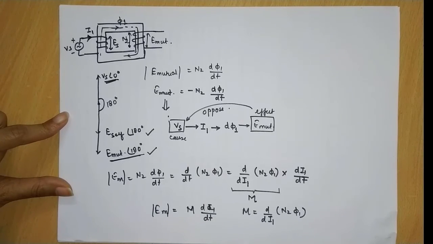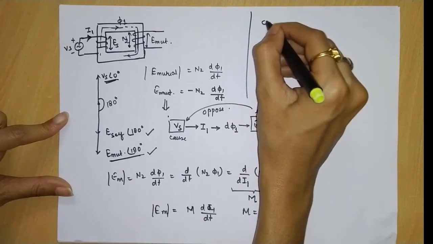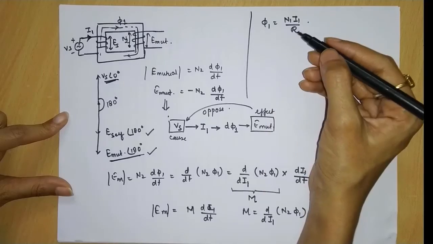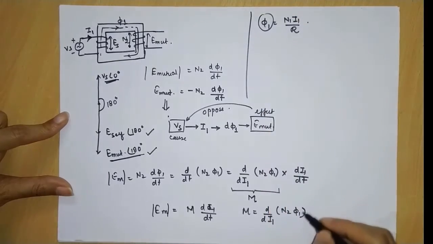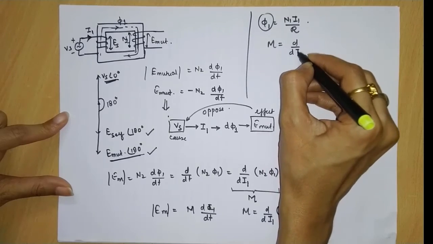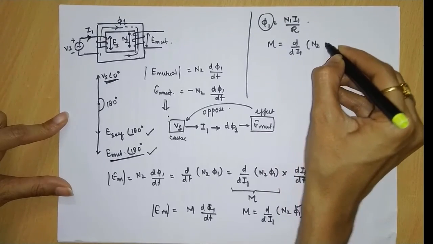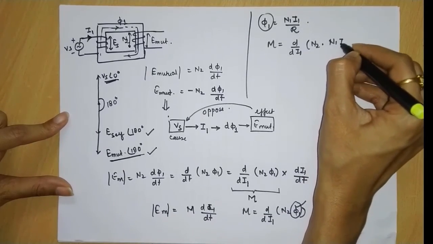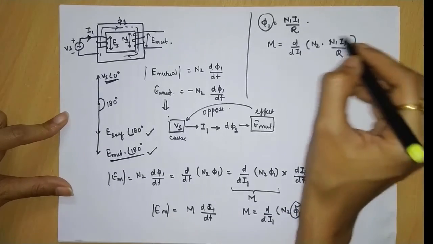Also we know that φ1 is equal to N1 into I1 upon reluctance. Putting this φ1 value in this expression, what I get is M equals d by di1 of N2 into N1 I1 upon reluctance.